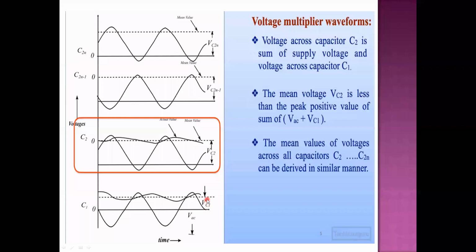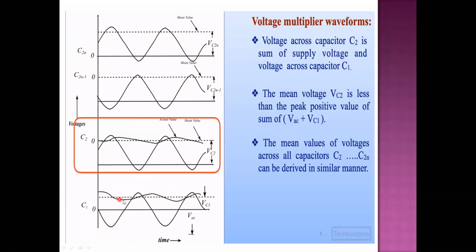That is the DC voltage. The capacitor stores energy in the form of electrostatic energy. This is called the mean value, and this is the actual value.